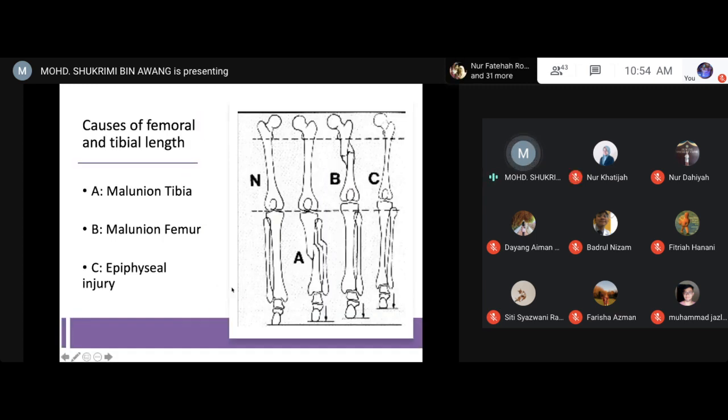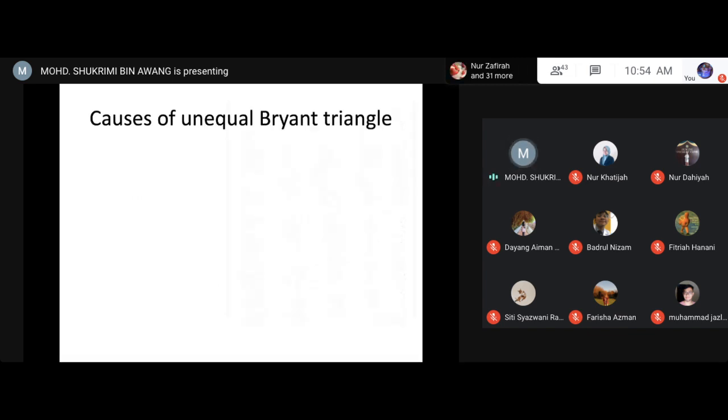Say here, A may represent a problem over the tibia like malunion, B may represent a femoral shaft problem, and then C is your Bryant triangle. So what are the possible causes of a problem with an unequal Bryant triangle?